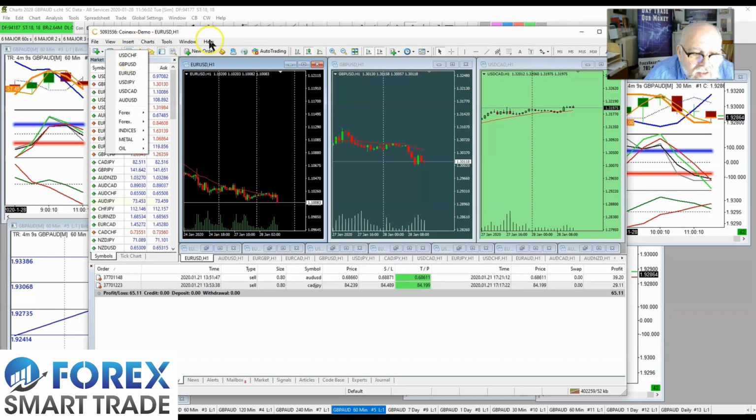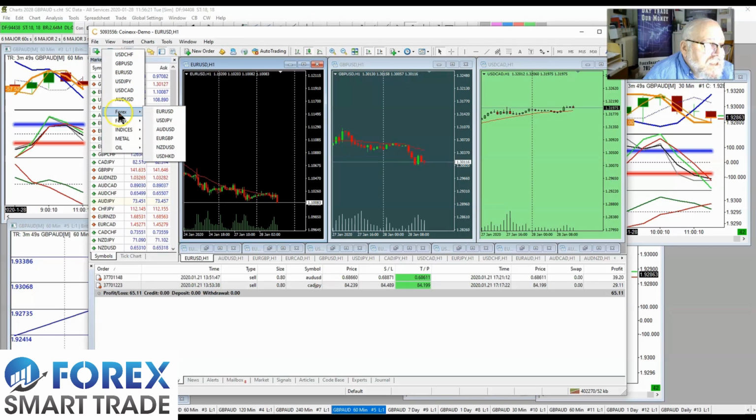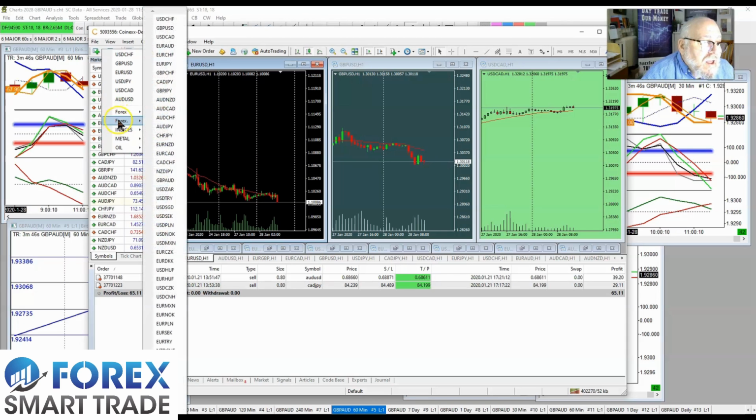I don't have it. No, actually, let me just check and see if I've got it open. AUD, Euro, Great Britain Pound, NZD. I don't have that open. So file, new chart. I'm going to look for the chart in the groups here. I don't see it here. And then I'm going to go to this one, Great Britain Pound.